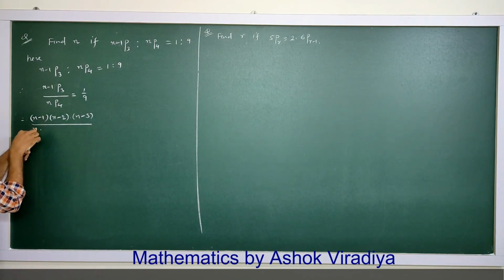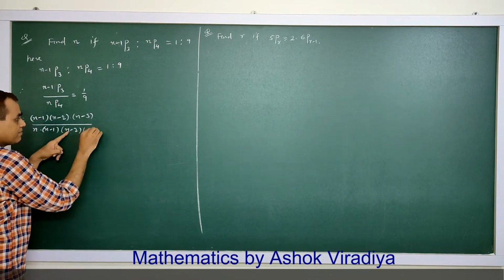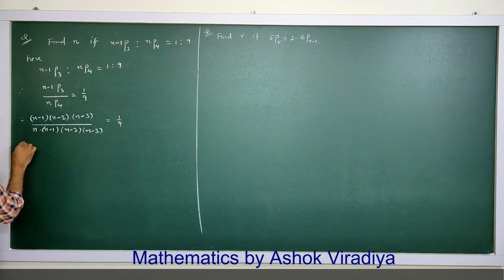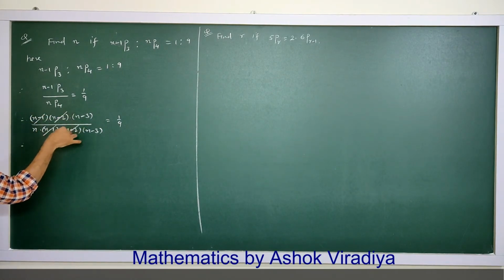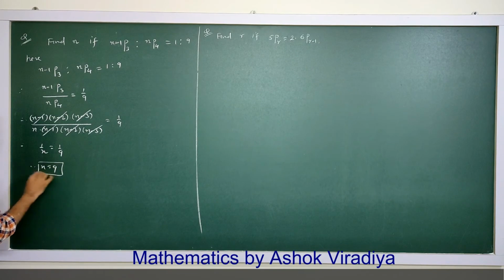So n itself is first step, second step, third step, fourth step. It is equal to 1 by 9. So here this will be cancelled. So 1 by n is 1 by 9. So value of n is 9.